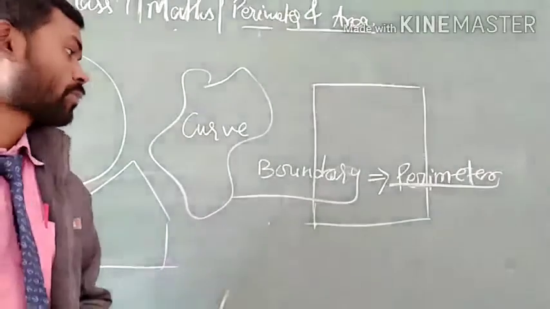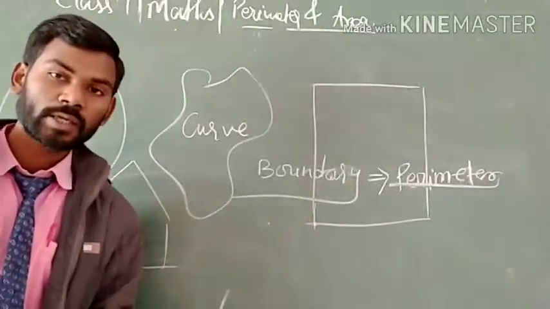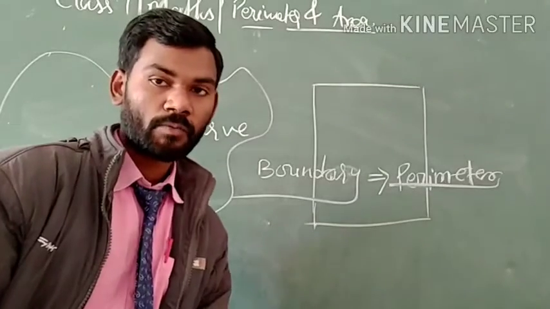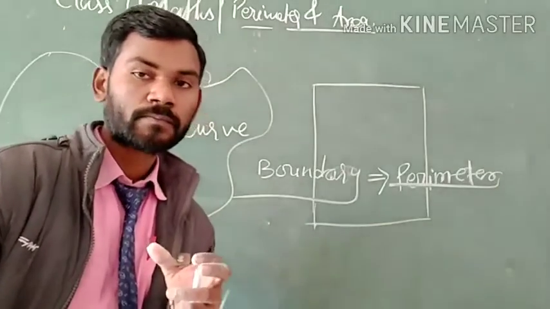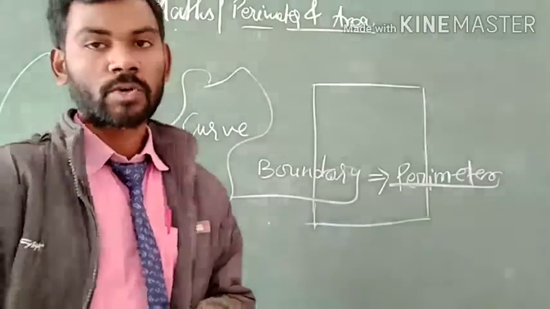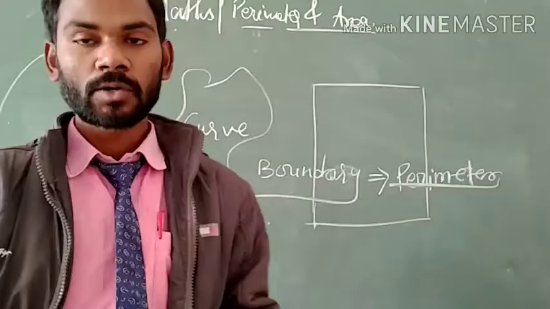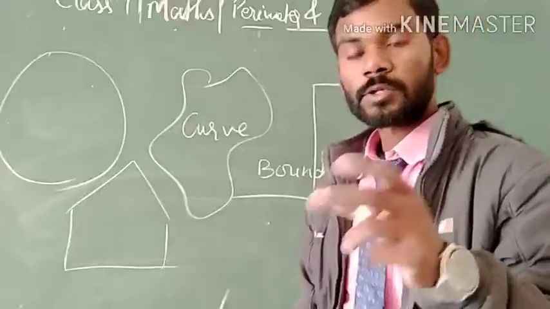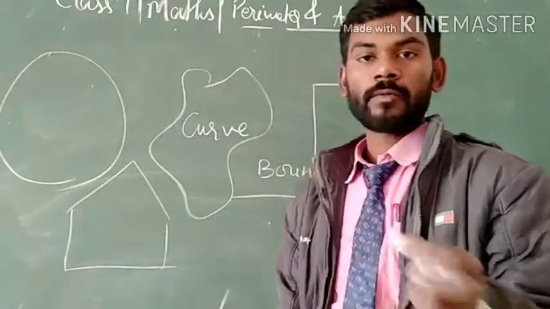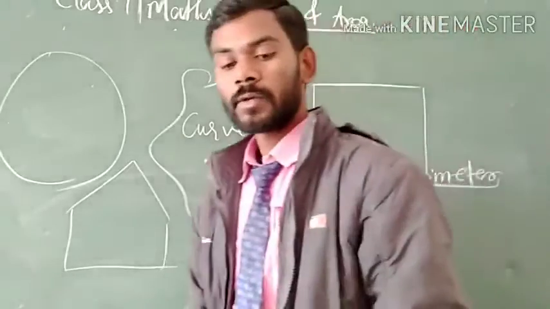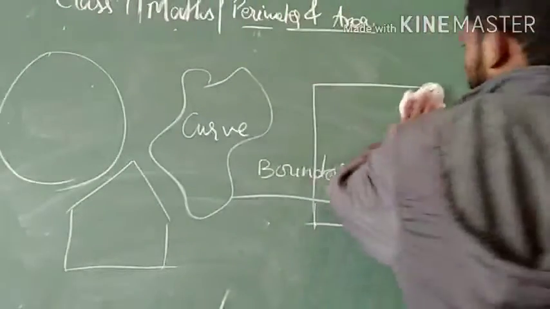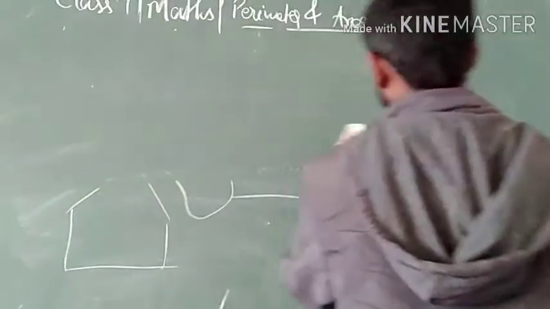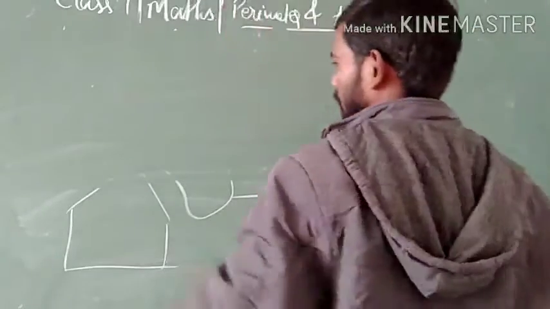Whenever we know the total length of the boundary, it is called perimeter. So from this we can define: the total length of the boundary of a closed figure is called perimeter.